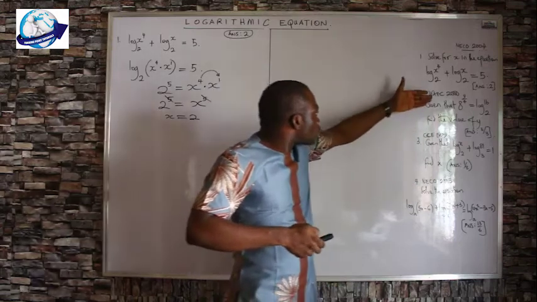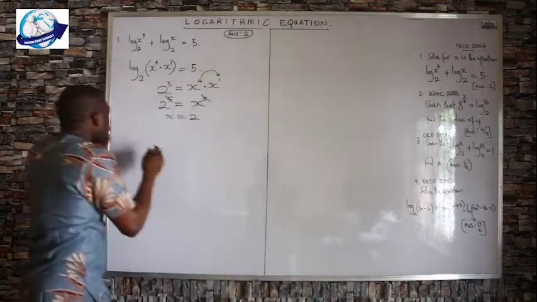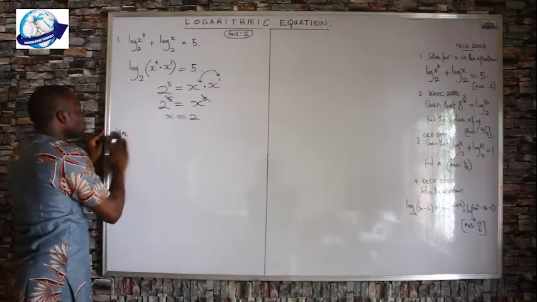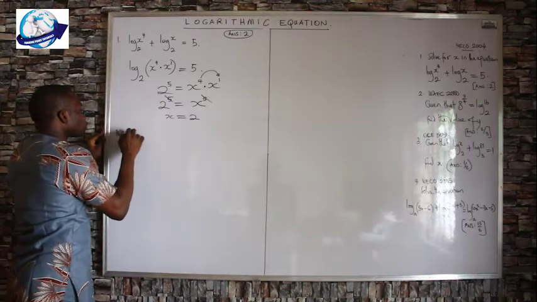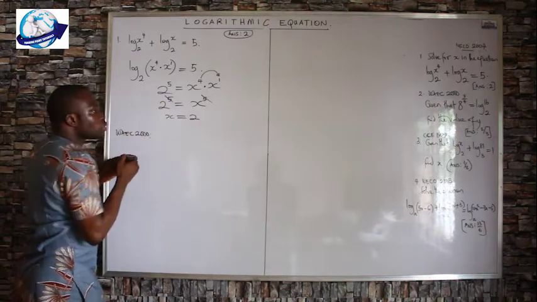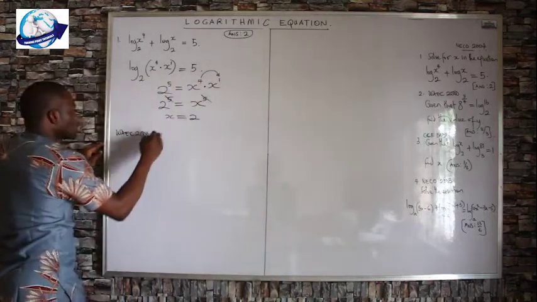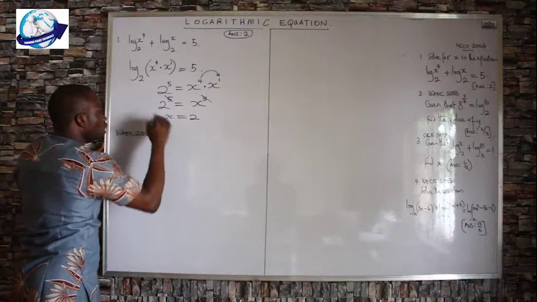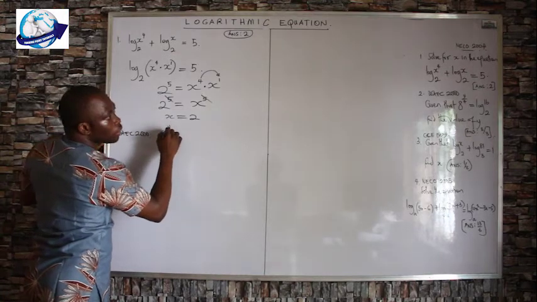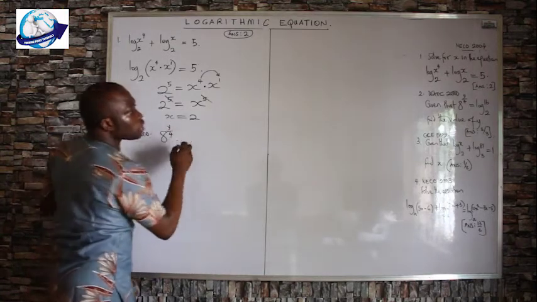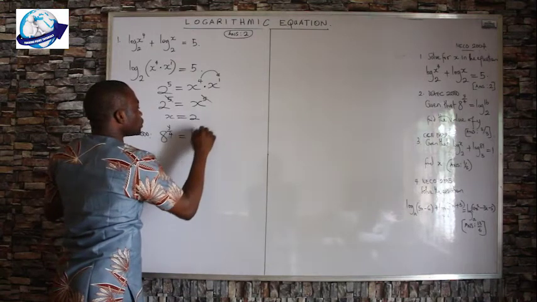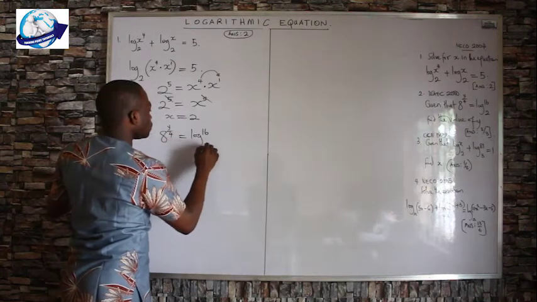But let's consider WAEC 2000. Look at this here. What it's saying is, given that 8 raised to power y all over 4 is equal to logarithm 16 base 2.